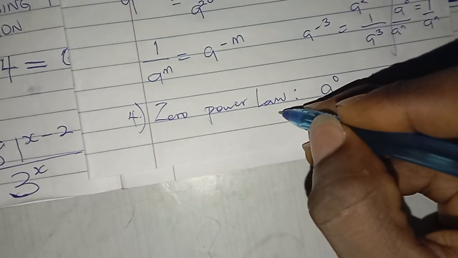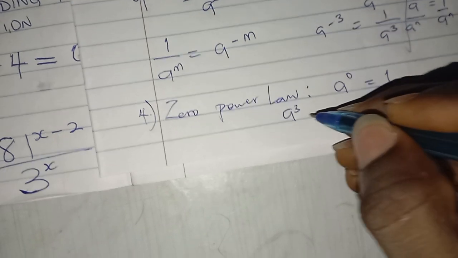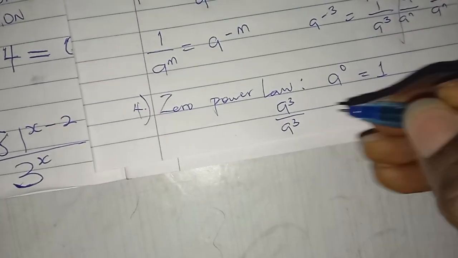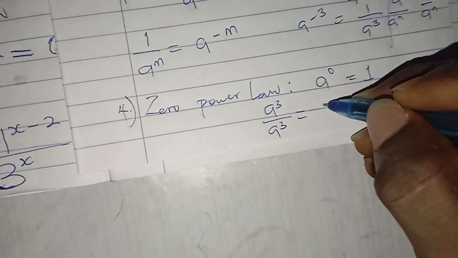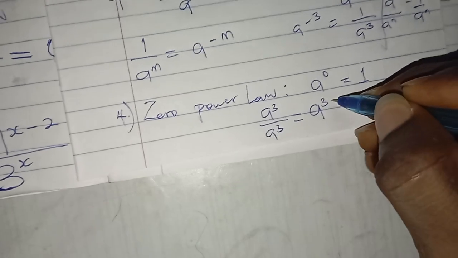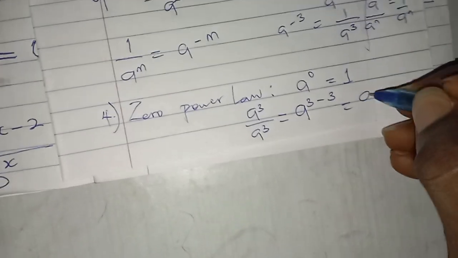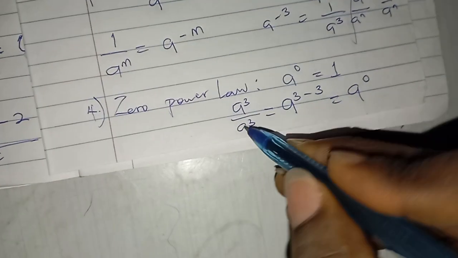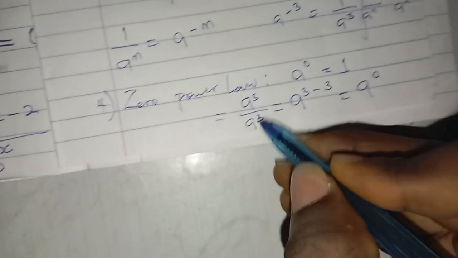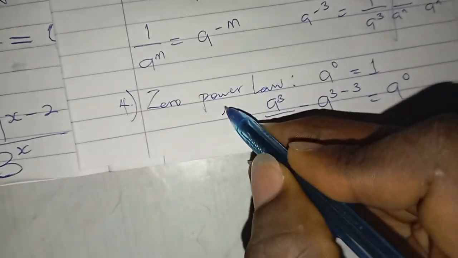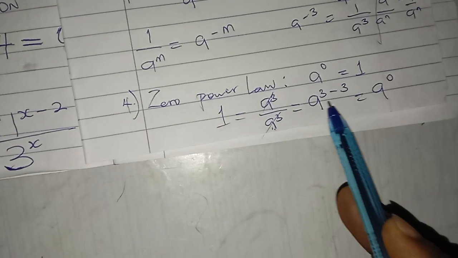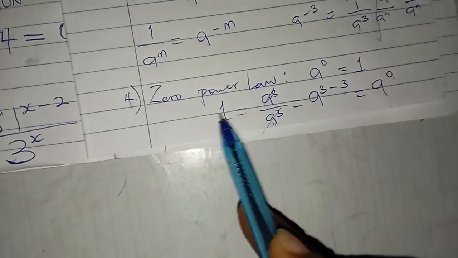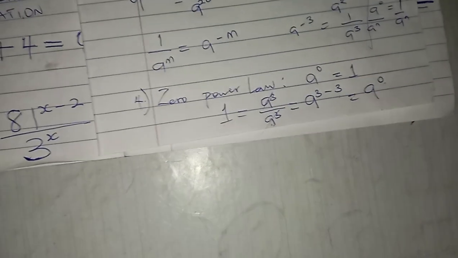For example, if I have a raised to power 3 divided by a raised to power 3, we know that applying the division law, this is the same as saying a raised to power 3 minus 3, which is equals to a raised to power 0. And notice that anything divided by itself is equals to 1. So you see that if you apply indices, this is a raised to power 0, which is equals to 1. That is the zero power law.